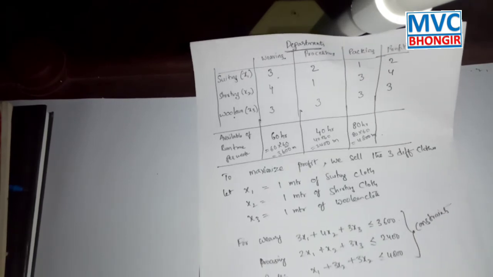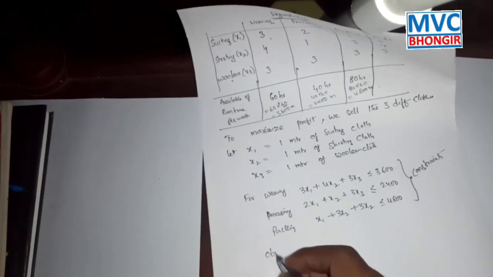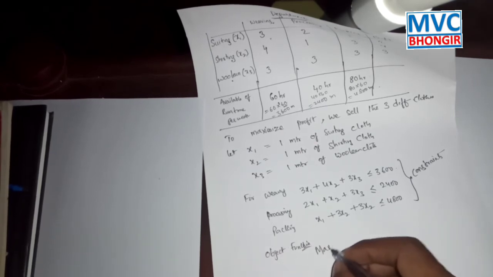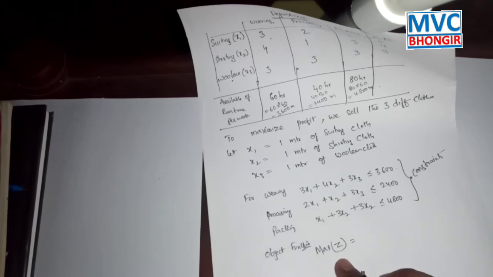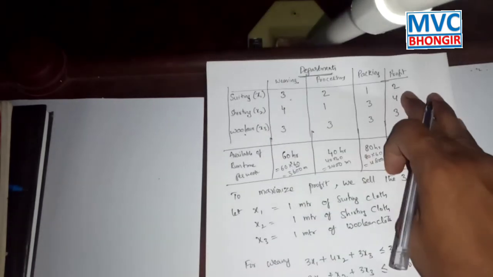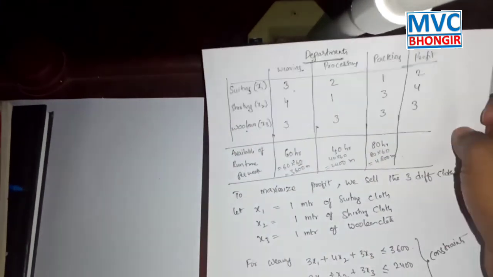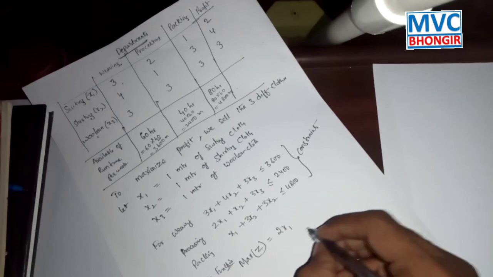Okay, now let us construct our objective function. Our objective function is maximization of profit. Maximization of Z is equal to maximization of profit. By selling 1 meter of suiting cloth we get 2 rupees of profit, so 2x1.